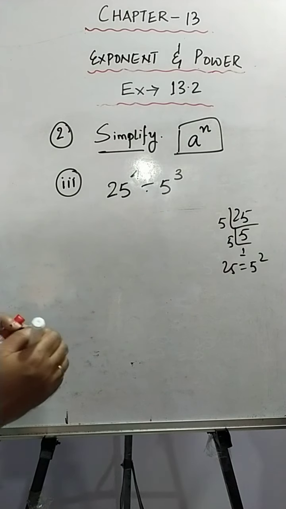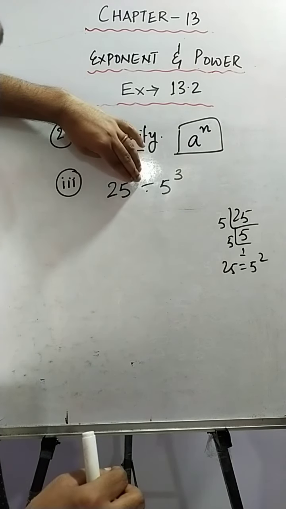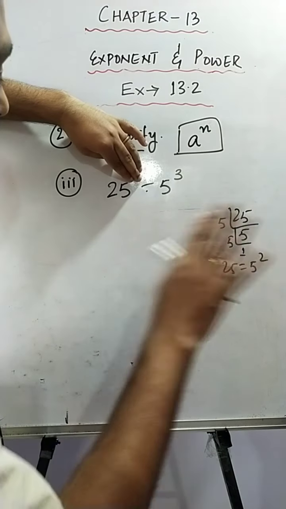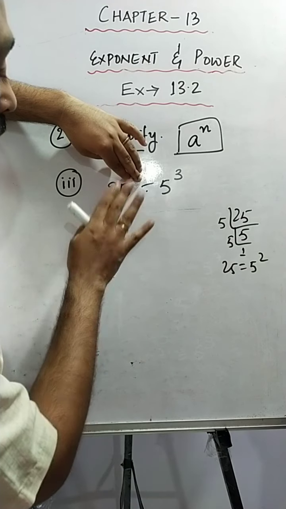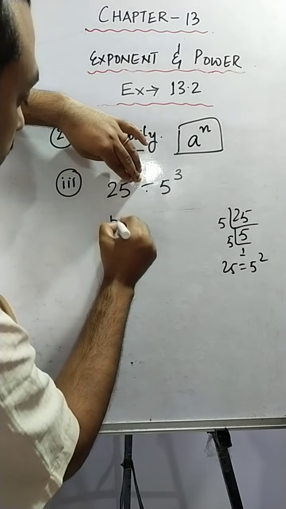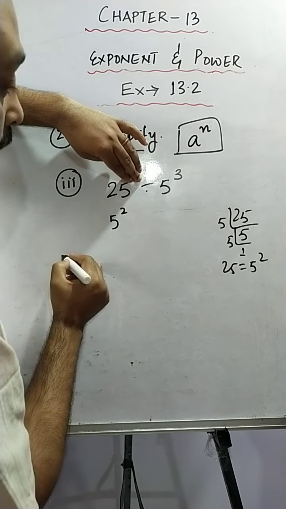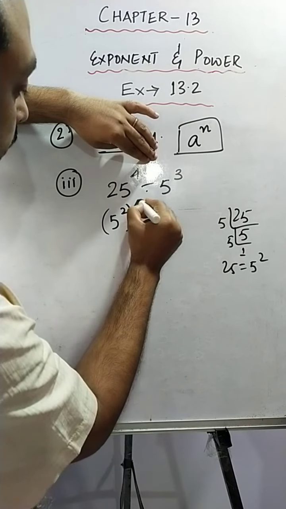Now be very careful. This 25 is already carrying 4, so we will hide this 4 to avoid confusion. Just take it that only 25 is written here. So in place of 25 we will write 5 square. Now 25 is also carrying 4, so we'll give the bracket and we'll write 4.